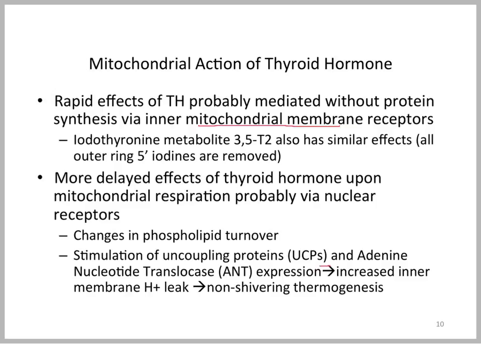So both uncoupling proteins and this nucleotide translocase increase inner mitochondrial membrane hydrogen leak and increased non-shivering thermogenesis. And thyroid hormone is absolutely crucial to the generation of heat in forms of non-shivering thermogenesis.